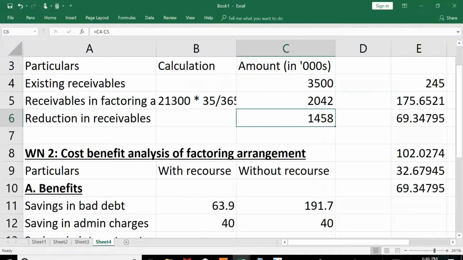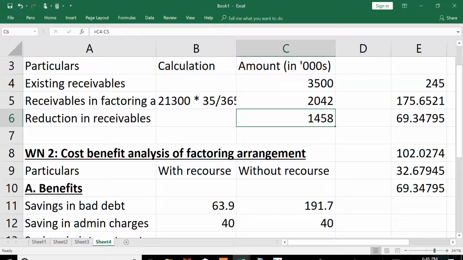So earlier the loan is 3,500, now the loan is only 2042. Of that 2042, the factor will give 80%, the bank will give 20%. So on that 20%, I'm not paying anything additional. Earlier also I was paying 7%, now also I pay 7%. What do I save? I save this much. What do I pay extra? 80% of 2042. Any doubts on this?